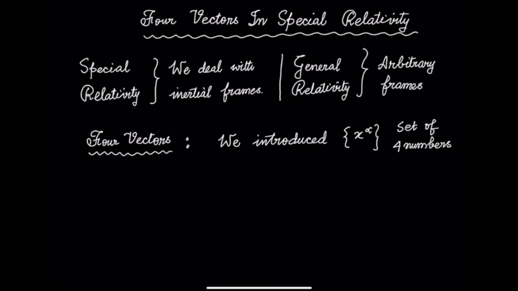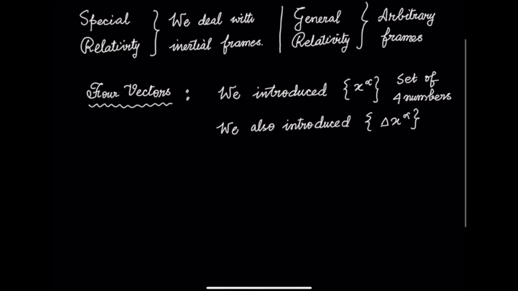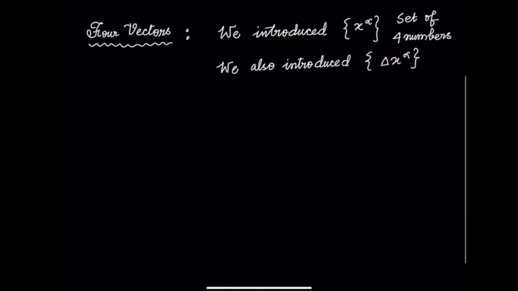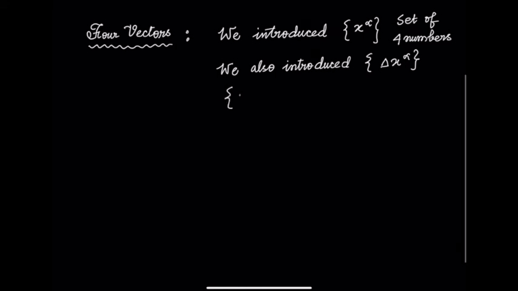Similarly, we also introduced the intervals between two events, and there the events were separated by infinitesimal distances in space and time, which we call delta x alpha. And remember that delta x alpha, let me write it here explicitly.